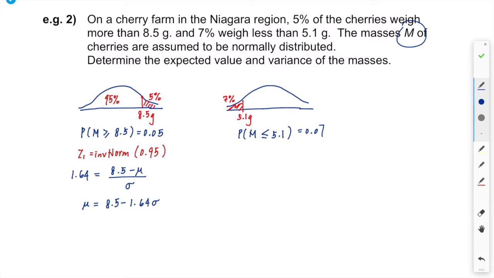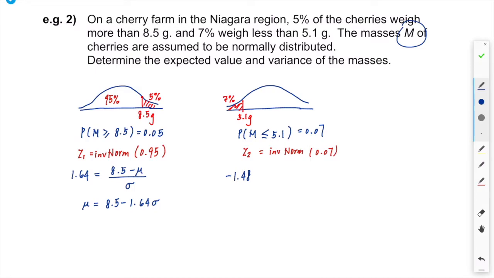Let's see. So on the right side, I guess the only thing that we can really do is the same thing as what we have done here. So let's look up Z2 using inverse normal. So again, you don't have to write this out. 0.07 in this case. And so Z2 turns out to be negative 1.48. And this makes sense because we're to the left side of the mean.